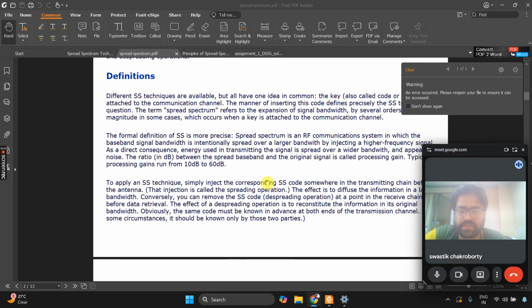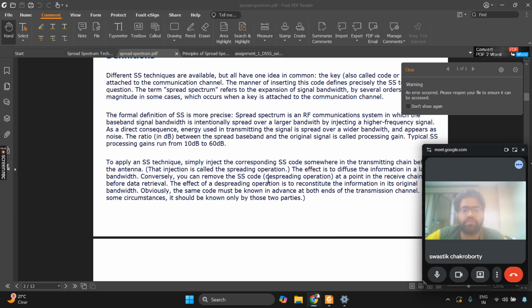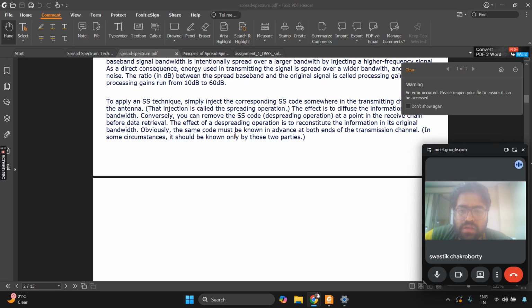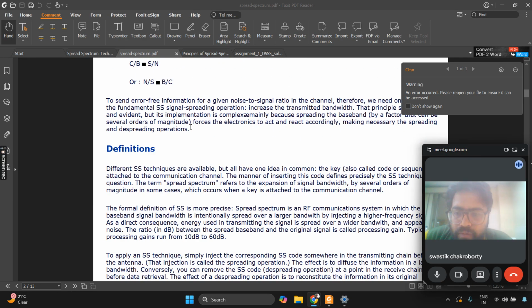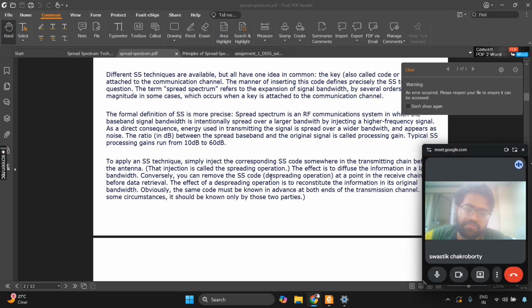To apply an SS technique, simply inject the corresponding SS code. The spread spectrum code will be injected somewhere in the transmitting chain before the antenna. The effect is to diffuse the information in a large bandwidth. We use a spreading code which will spread our signal into a large bandwidth and then we transmit that.